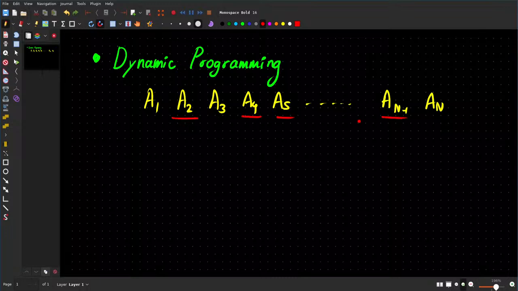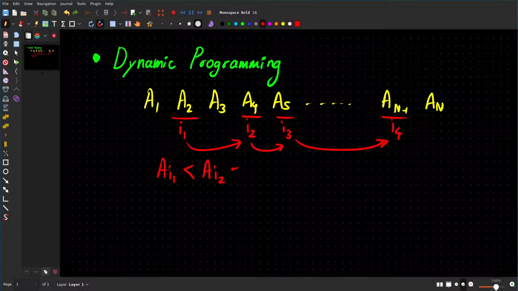Let's say these are the 4 indices, and we need to count the quadruplets of these 4 indices, I1, I2, I3, I4, such that they lie one after the other in the sequence of the given array, and the corresponding values at those positions are also increasing from left to right.